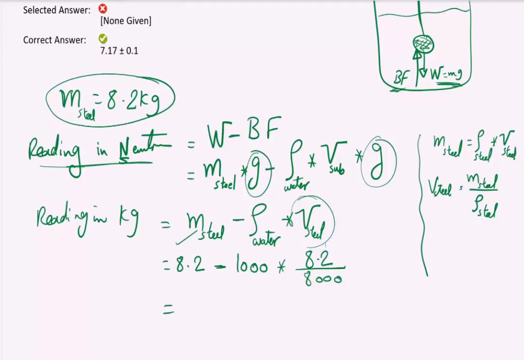Of course, you can take 8.2 common factor, but I don't want to make it complicated. Minus, those three zeros with the zeros, so it's 8.2 divided by 8 in brackets. So the result will be 7.175 kilogram. So this is the reading of the scale in kilogram.